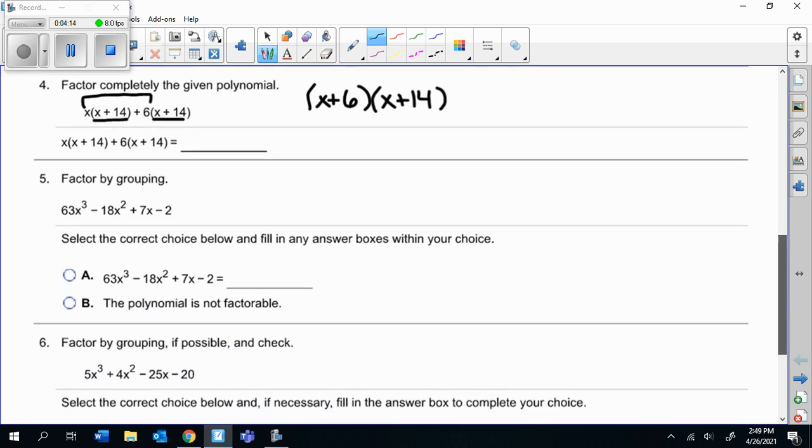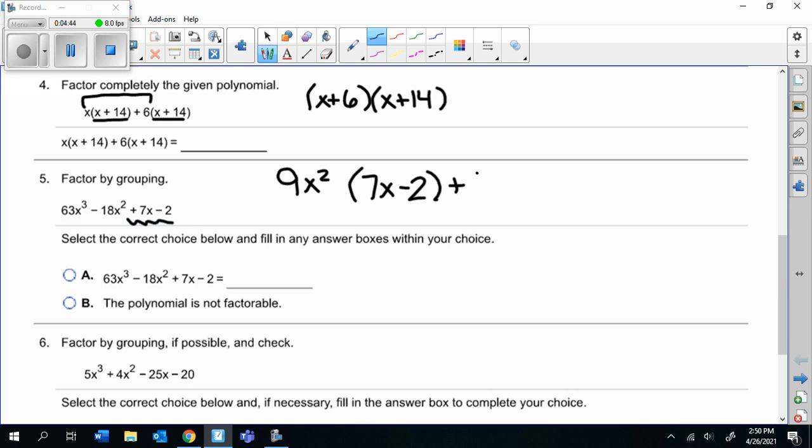Factor by grouping here. This is way more common to what my lessons were like in the homework. So between 63 and 18, I can pull out a 9. And then x to the 3rd and x squared, I can pull out x squared. And then in the back, 7x minus 2, plus, okay, there's nothing that can be pulled out of 7x and a negative 2.